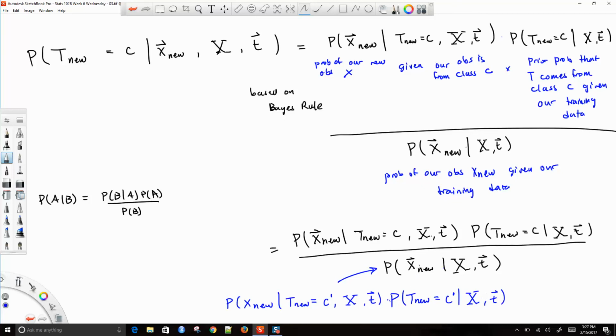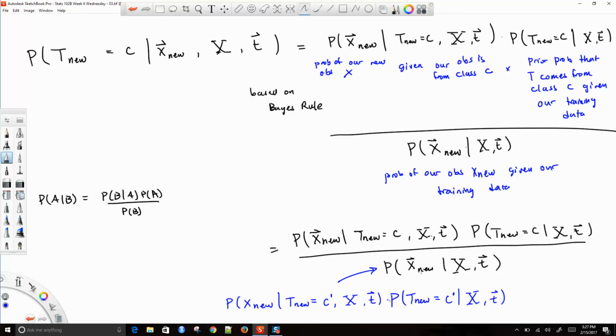So basically, this is the probabilities of all possible x's, right? But the x's themselves can come from class A or class B or class D or whatever it is. So we just have this generic letter C to say maybe it came from class 1 or maybe it came from class 2.